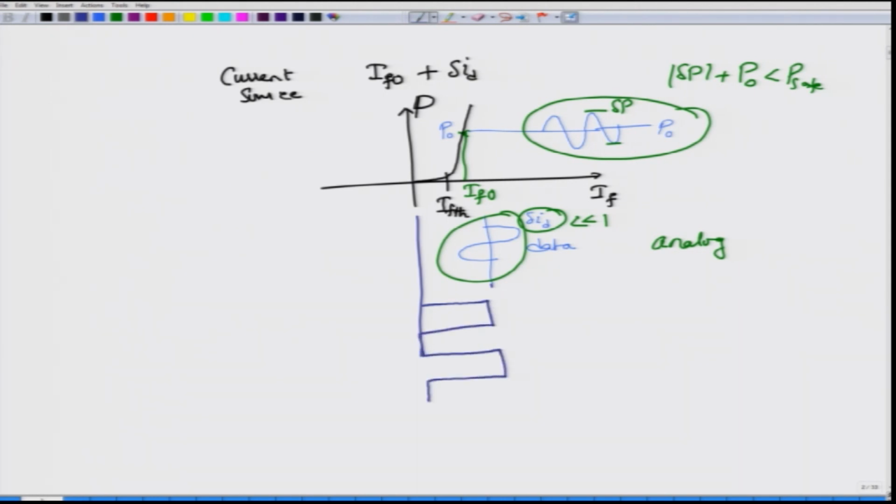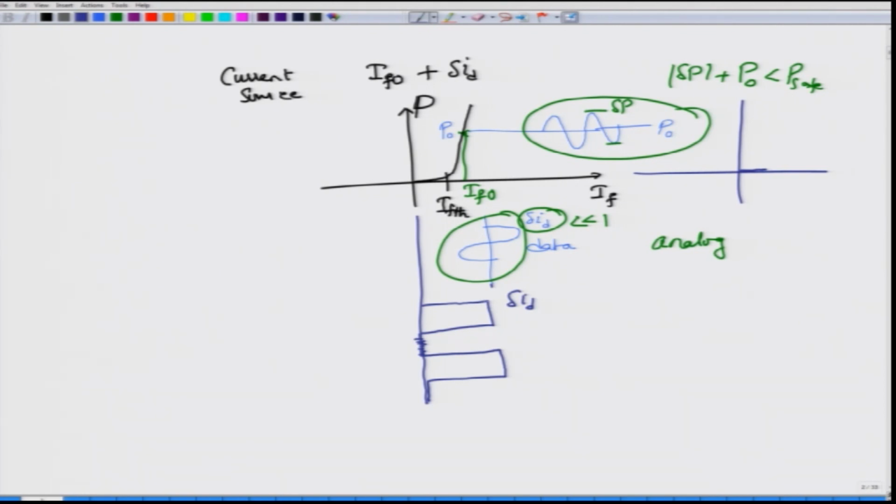I will apply a current which is in the form of a step or a pulse, and the effect of this current pulse delta ID is that I am moving the laser from below the laser threshold. When delta ID is 0, the corresponding output will be 0, because you do not have light lasing out, and there will be only a very small amount of light power that may come out.